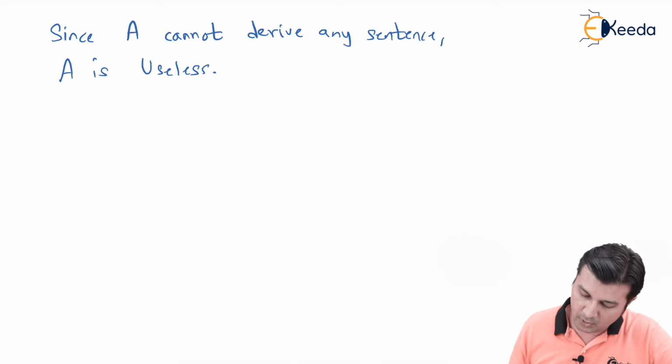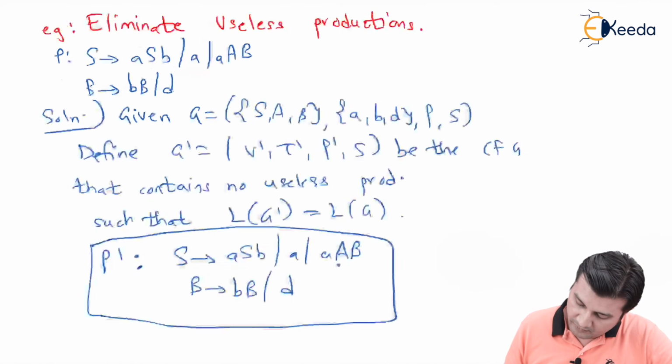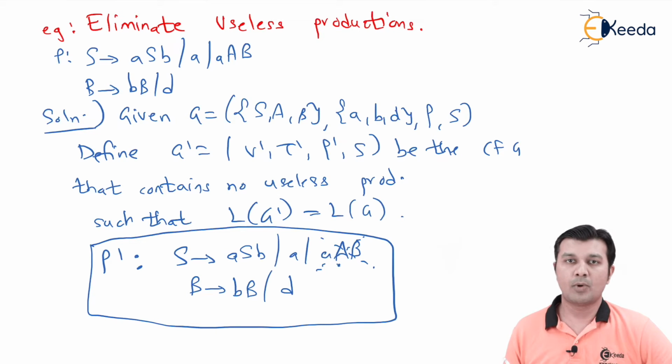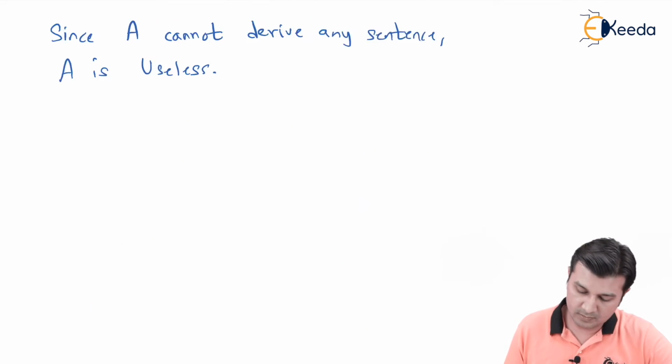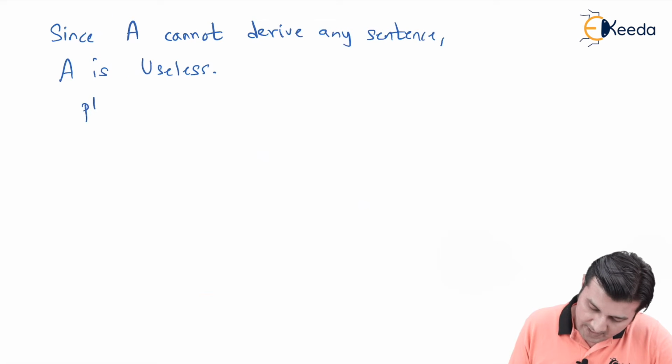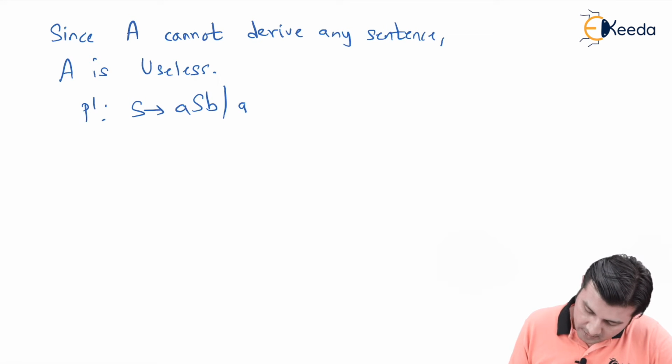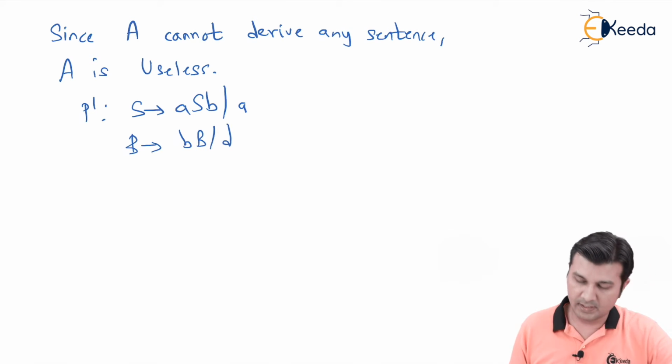Therefore, from that production, we are going to say we have to discard this particular production. So now what is left with us is my P dash, which has S gives A, S, B or small a, B gives small b, capital B or D.